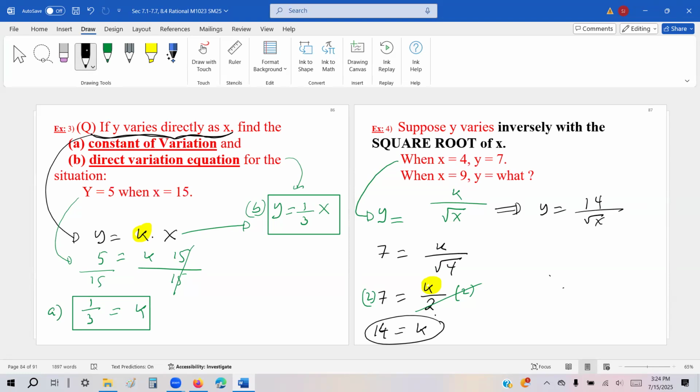Now we use the second piece of information. They are saying, hey, I'm giving you 9 now. Tell me for x equals 9, how much y are we supposed to get? So y equals 14 over square root of 9. And what is square root of 9? 3. So y equals 14 over 3. That's it.